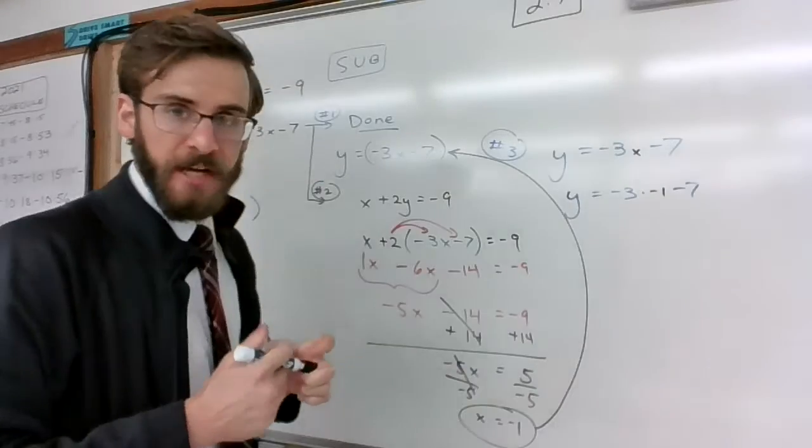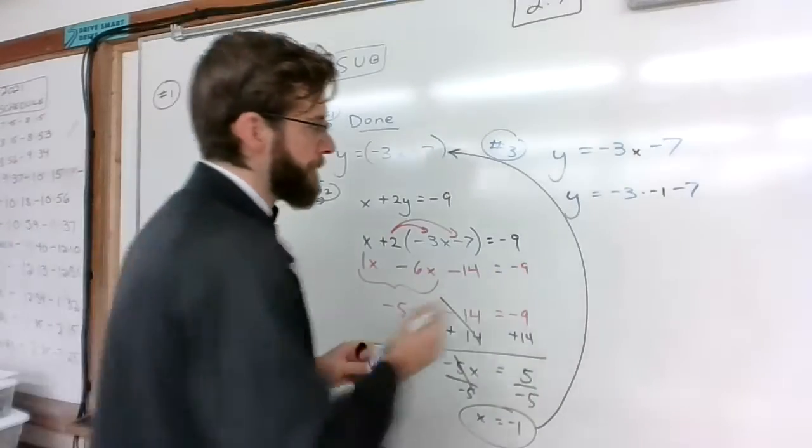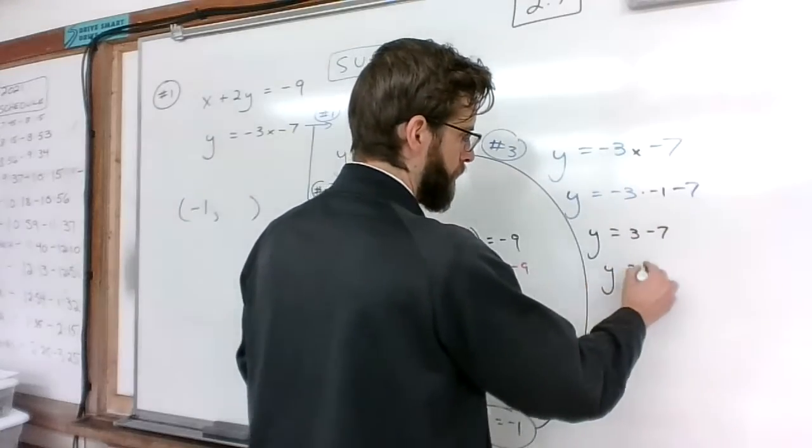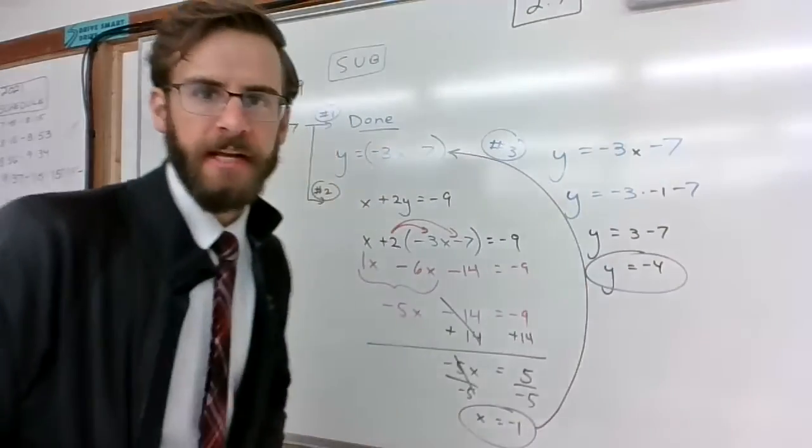So then negative 3 times negative 1 is 3. Minus 7. Y equals negative 4.